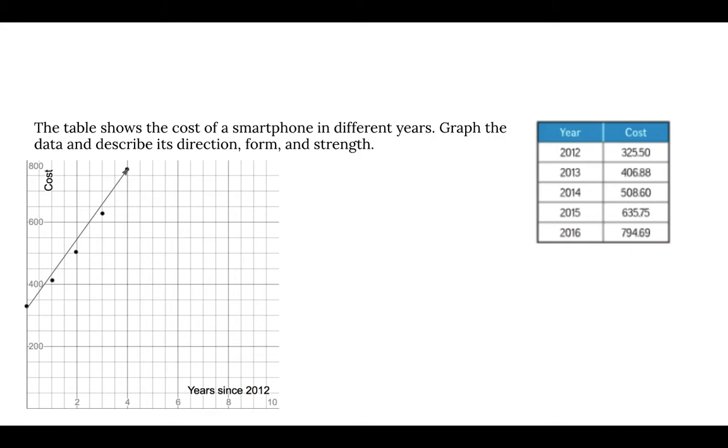Now, those dots are extremely close to the line that I drew there, so that suggests that it is linear. And also, with the dots being that close to the line, that also suggests that it has a strong strength. So whenever we go in and describe it, it has a positive direction, the form is linear, and the strength is strong.